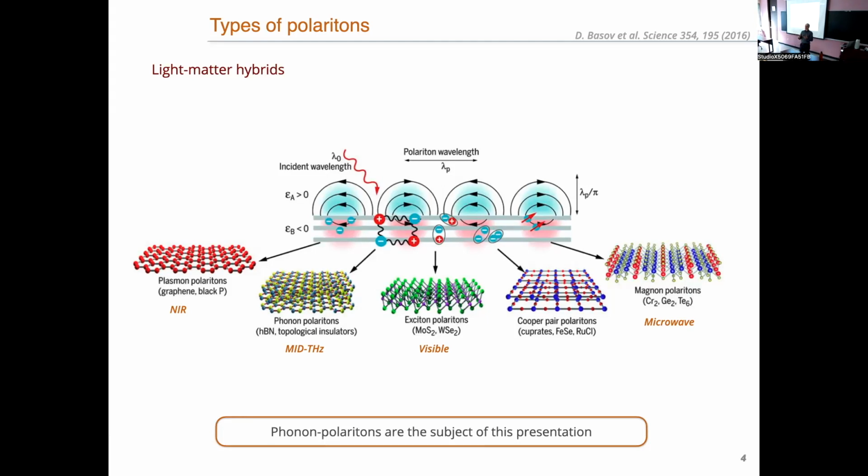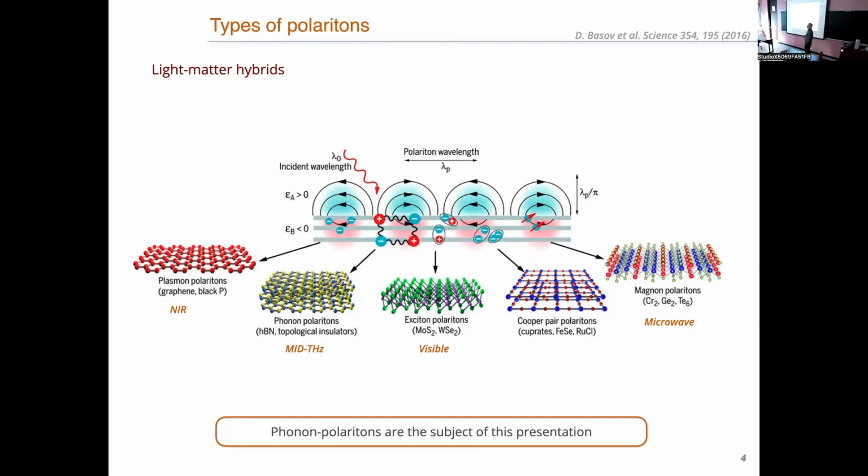Naturally, this is a dipole. This dipole can oscillate and propagate in the material. As it propagates, the dipole generates an electromagnetic field. This electromagnetic field must obey Maxwell's equations. Therefore, you'll have a significant coupling between this material excitation, the exciton, and light. And when the two are strongly coupled in certain regimes of frequency, we'll call this a polariton.